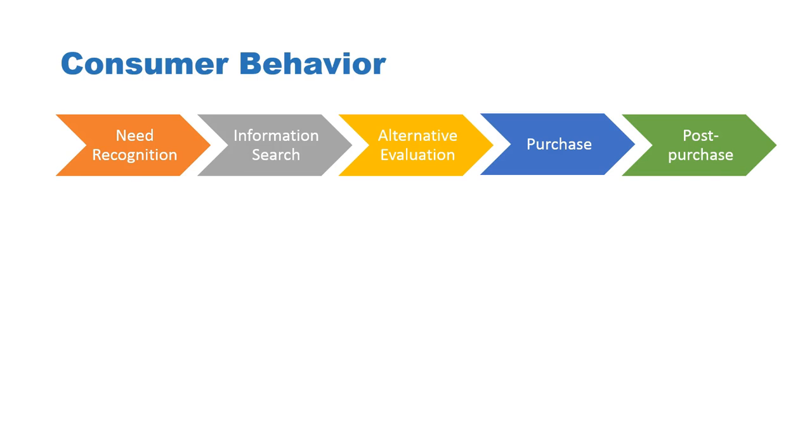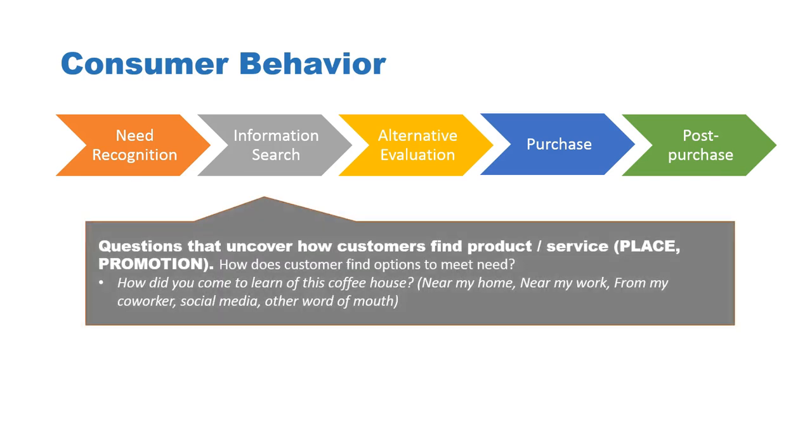Okay. And so in the area of information search, you'll want to uncover how customers find their product or their service, and a lot to do with place or promotion. And so, a question might be, how did you come to learn of this coffee house? And the expectation is that because this is a class project, you will actually be conducting the survey on site. So for example, this is why it's asking this coffee house.